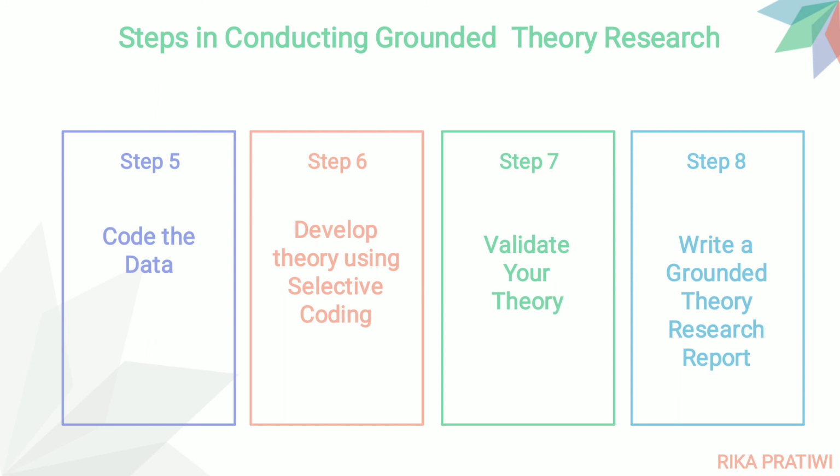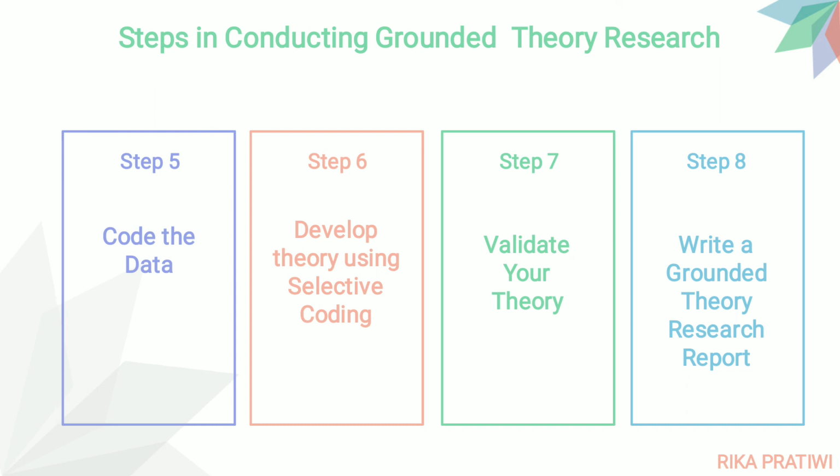Next, step 5 is code data. Like I said before, it starts from open coding, axial coding, and selective coding. So we can code the data by the systematic design of grounded theory.